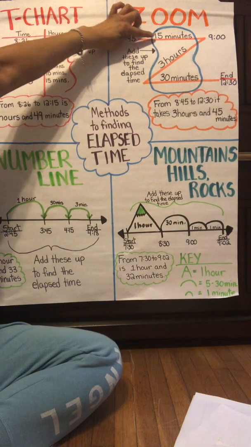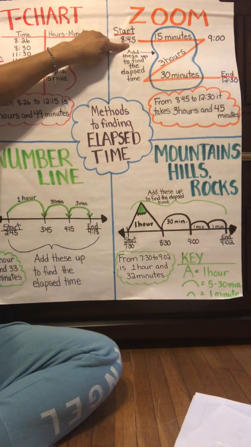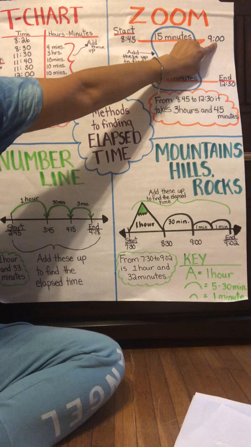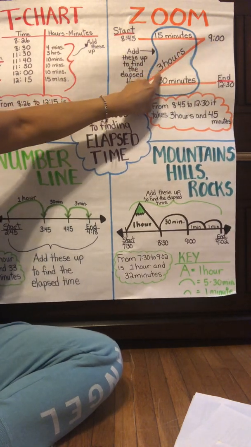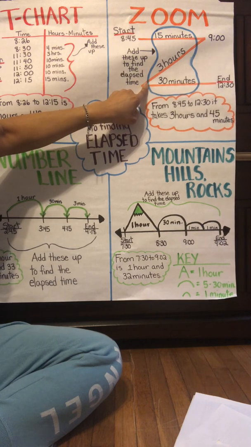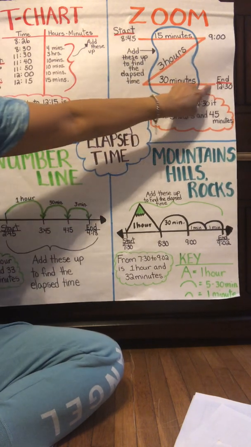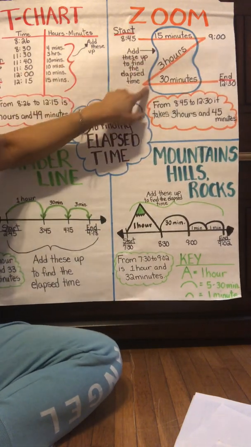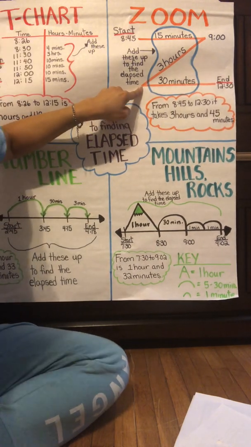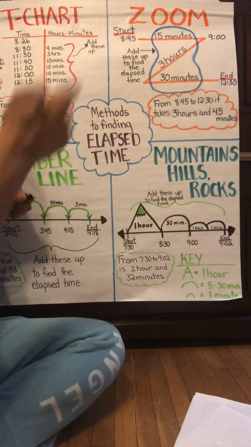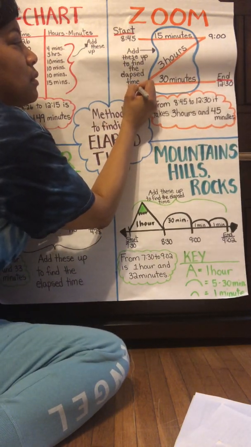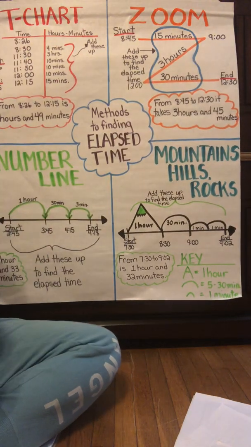So here I'm going to start and I'm going to add 15 minutes onto 8:45. Now I'm at 9 o'clock. Then I'm going to go down 3 hours because I'm trying to get to 12:30. And then I'm going to add 30 minutes. Actually, I should have put a time here because if I add 3 hours to 9 o'clock, I'll put it right here. I'm at 12 o'clock.